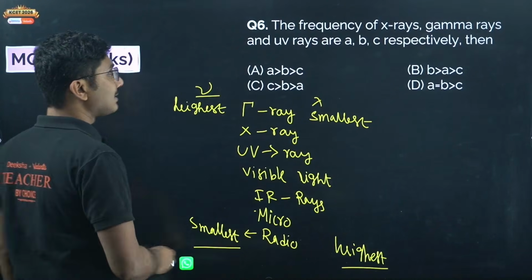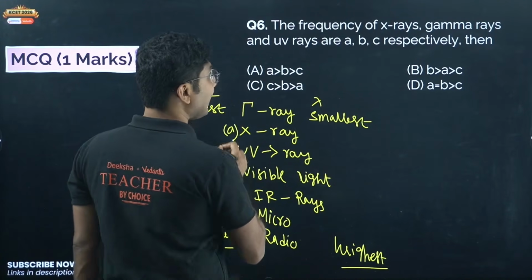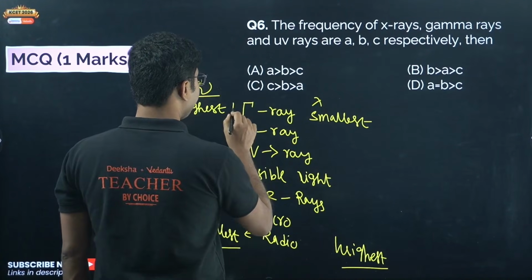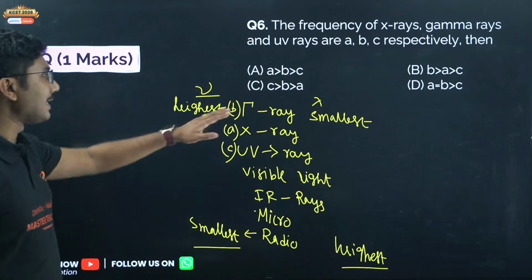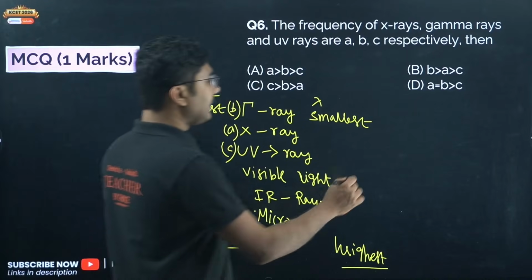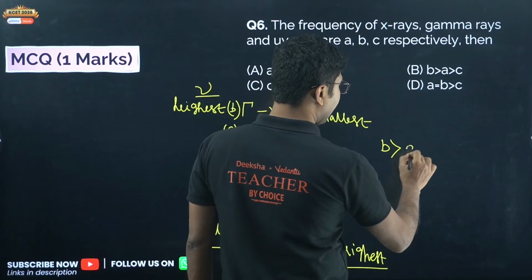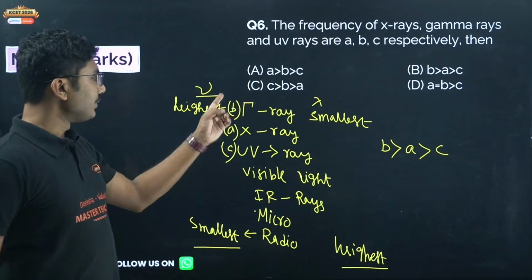So which one has frequency A? X-ray has frequency A, gamma ray has frequency B, and UV ray has frequency C. So which one has the highest frequency? B is bigger than everything else. So B is greater than A, and A is greater than C. So this is the order.